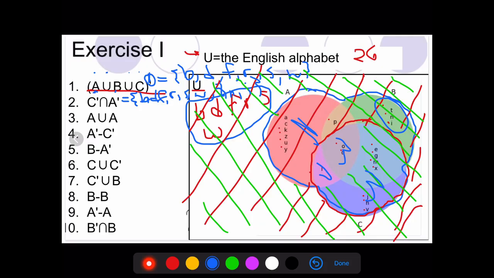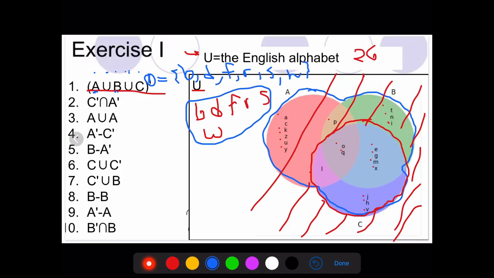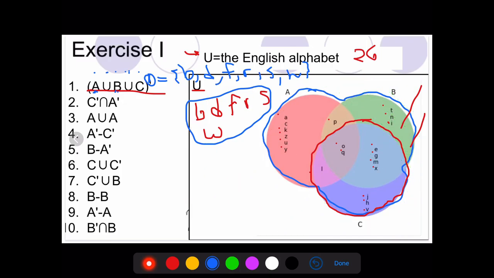My next question. I'm going to skip ahead to 4 here, and clear out my writing a little bit so everybody can see. All right, so we're going to skip ahead to 4.